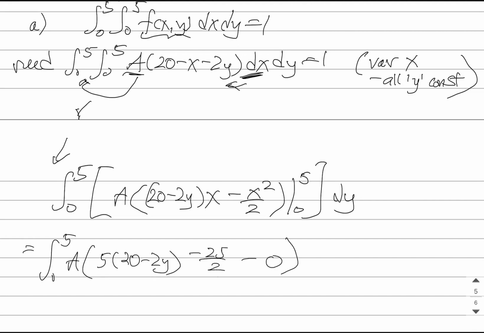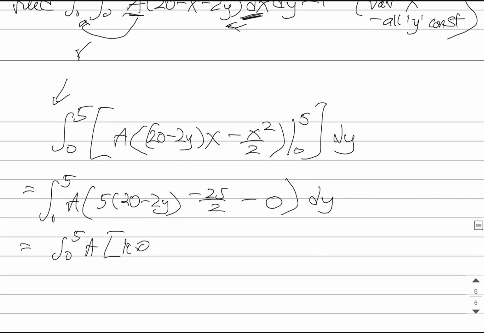Subtract a 0, because when we put the lower limit of integration in, that will go to 0. So we could clean this up a little bit further. We'll have an a that multiplies 100 minus 25 over 2 minus 10y. And that all gets integrated with respect to y.